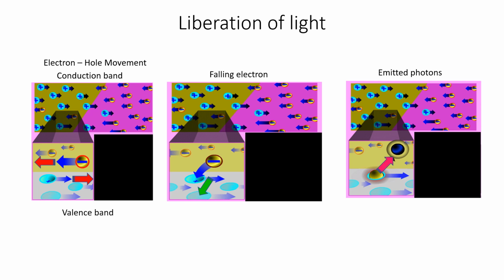But in the case of direct gap semiconductors, the minimum energy level of the conduction band and the maximum energy level of the valence band are at the same momentum. So there is no change of momentum when an electron migrates from the conduction band to the valence band. Like that, photons are released when electrons jump from the conduction band to the valence band, and light is liberated.